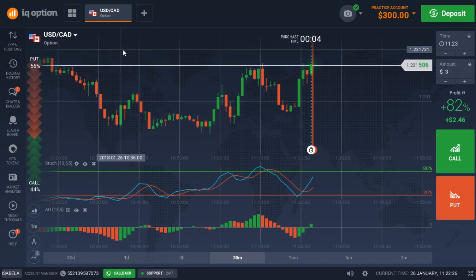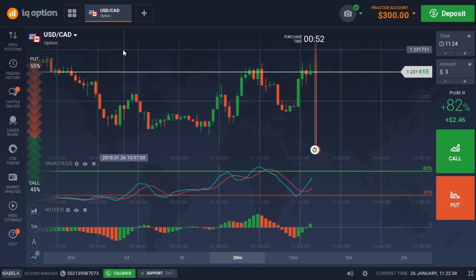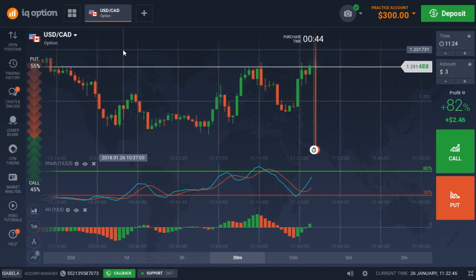So USD CAD, Euro USD, GBP USD, USD Swiss franc, New Zealand dollar USD, USD Aussie dollar, USD Japanese yen. So those majors and some of the crosses between the majors, for example, the Euro Japanese yen, the Euro pound, and the pound yen.